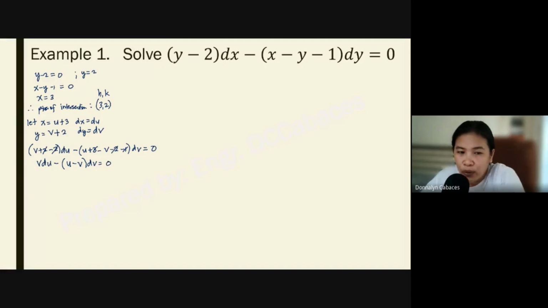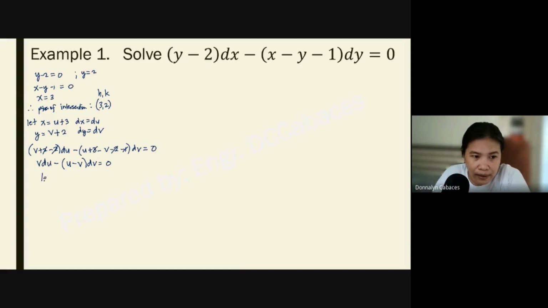And how do we solve homogeneous? If you still recall, in our discussion, we let x equals vy or y equals vx. But since we have here v already, let us use a new variable. Let me use the same as that in your module, in which the authors made use of r.